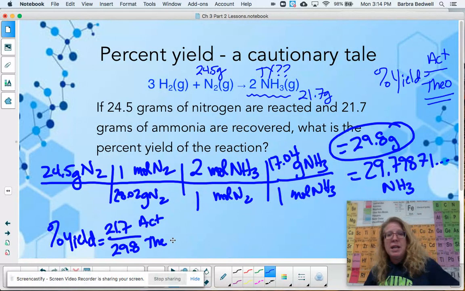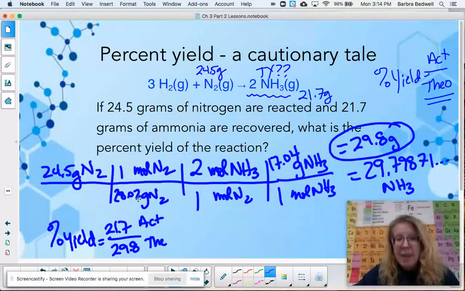We really only collected almost 22 grams. So make sure you've got actual on the top, the truly recovered part, divided by the calculated amount. What did you think you were supposed to get? So 21.7 divided by 29.8, times 100 because it's a percent yield, equals, with our 3 sig figs, 72.8 as our percent yield for this reaction.